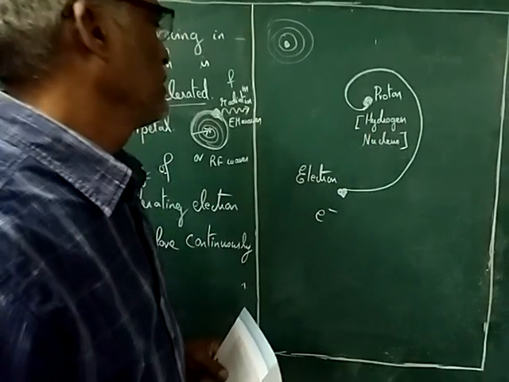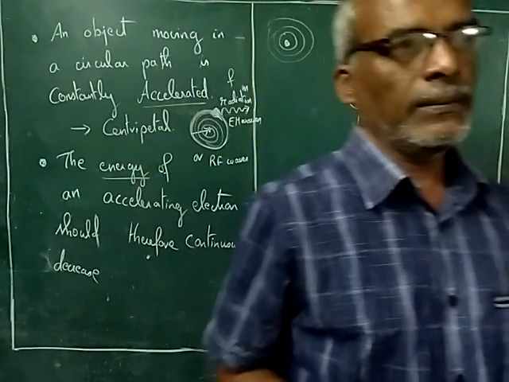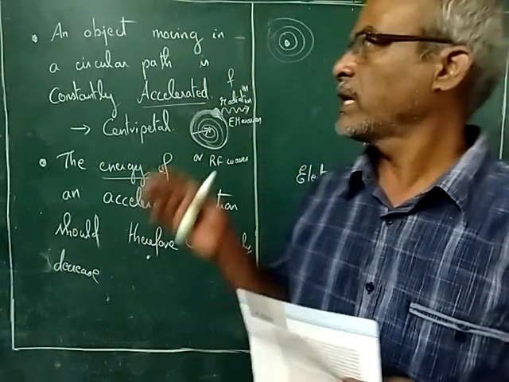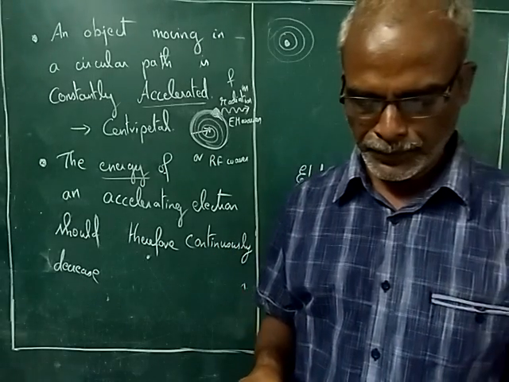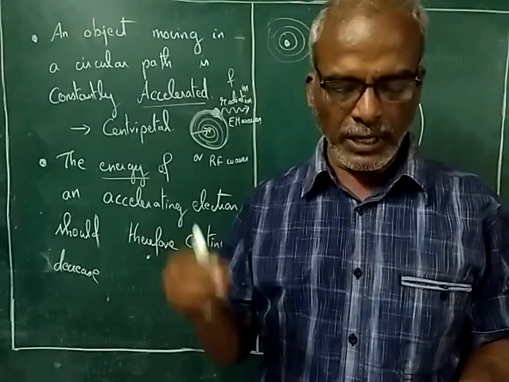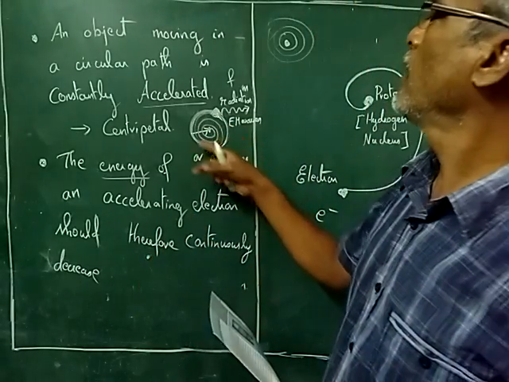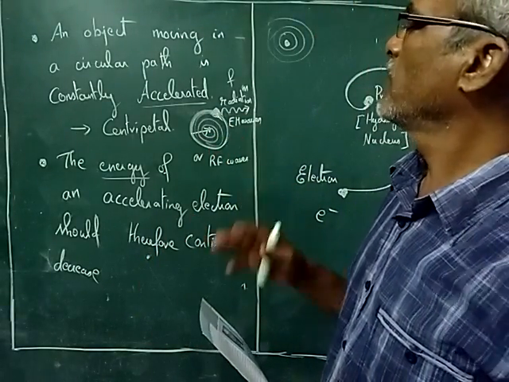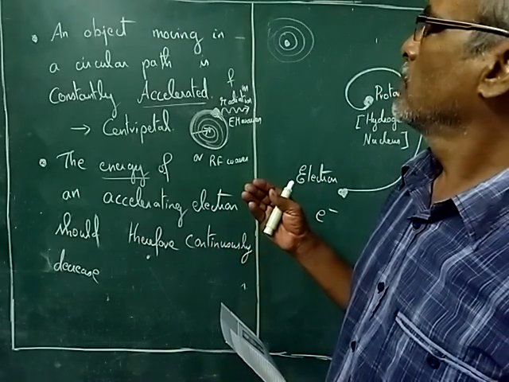Therefore, there must be some spectrum continuously. We cannot have the same wavelength. The wavelength will keep on changing. Thus, they would emit a continuous spectrum. If it is going to be stable, then we can say, okay, it is stable.